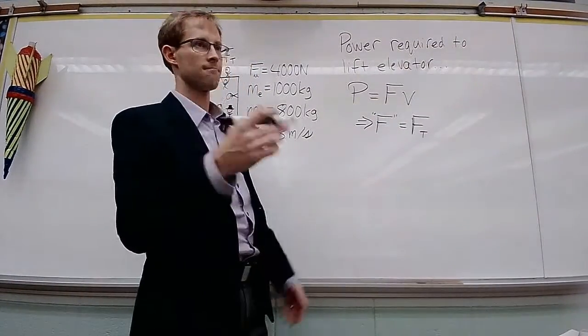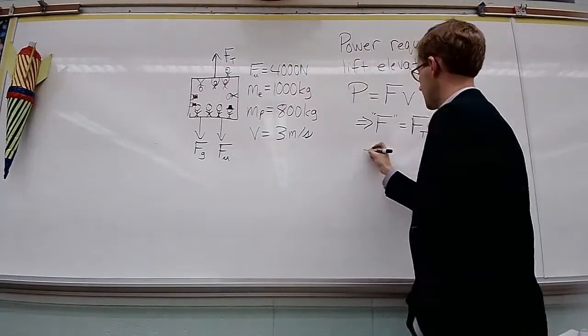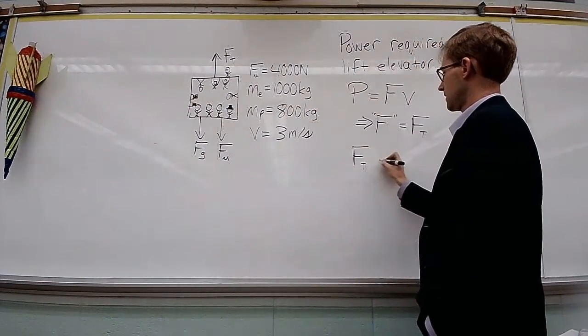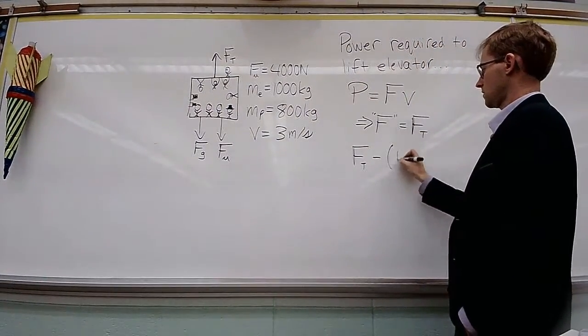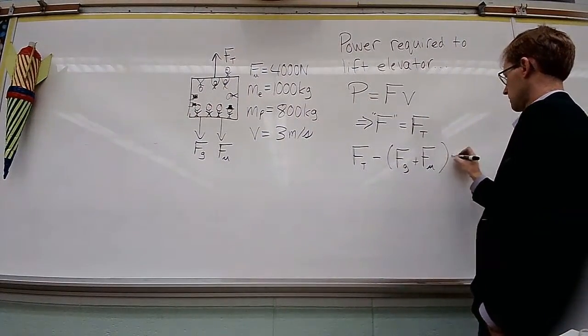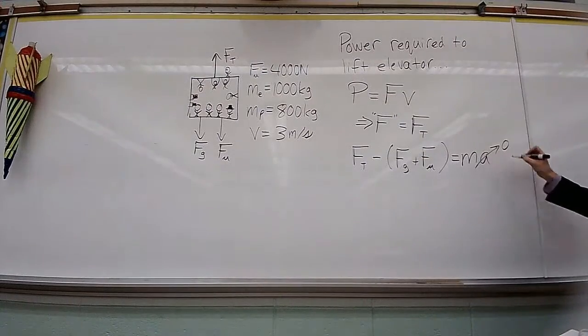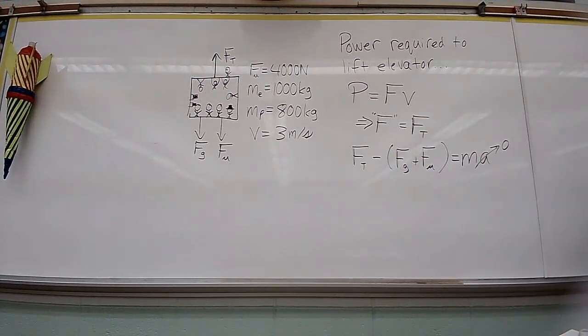So, force equation time. Tension minus the combination of these two things. Acceleration is 0 because we've got a constant velocity, and you eventually find your way to the answer.